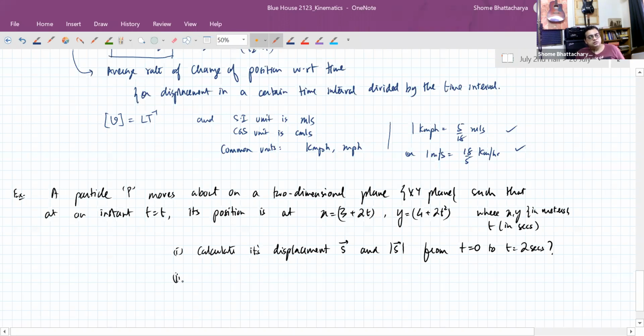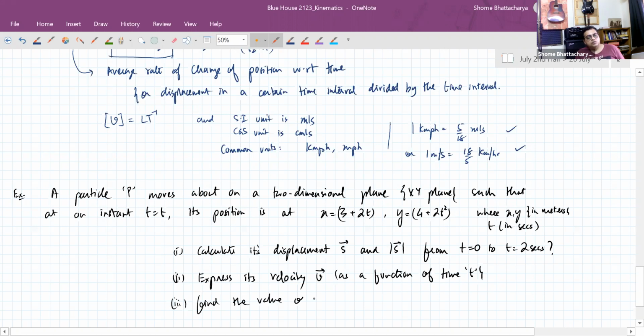Then second, express its velocity v as a function of time. And third, find the value of its velocity vector and magnitude of velocity.